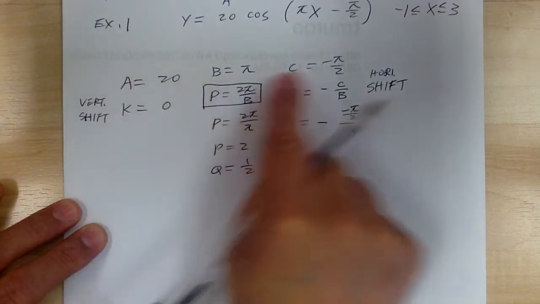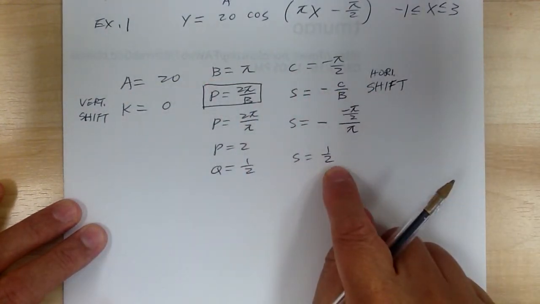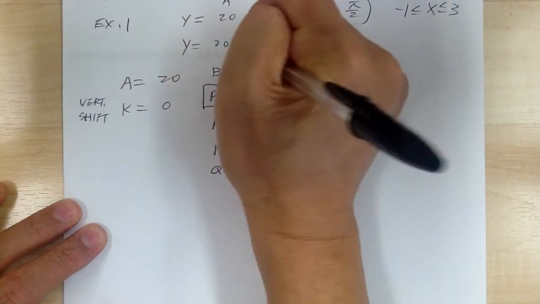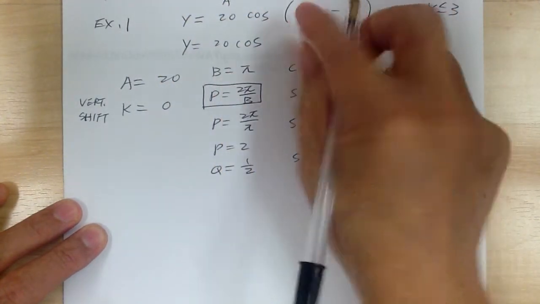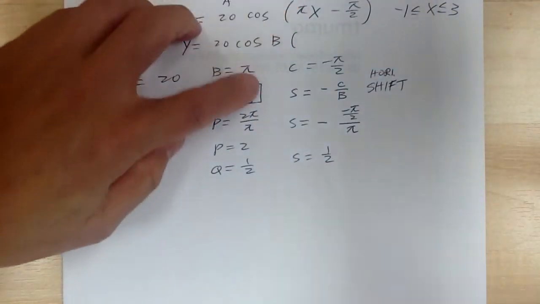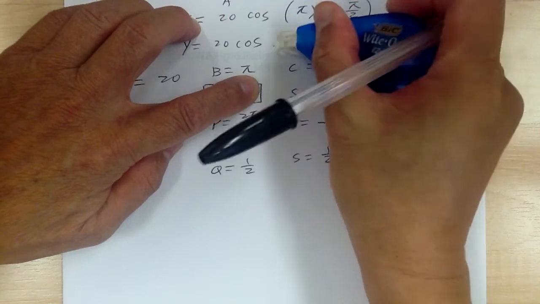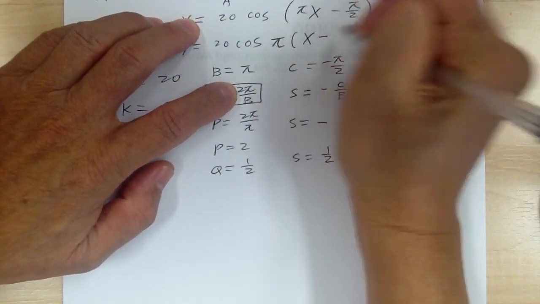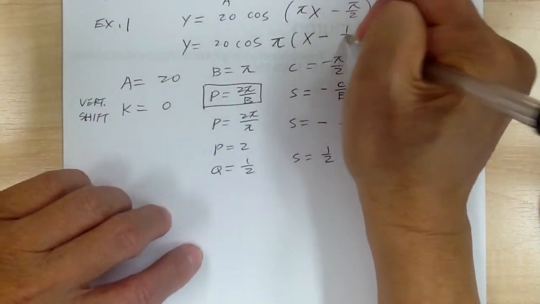So after you write down your ABC, another way to get shift is by factoring out the B. So in other words, when you factor out the B, which is pi, so factor out the pi, this becomes x minus, and so you take out the pi, you get 1/2.